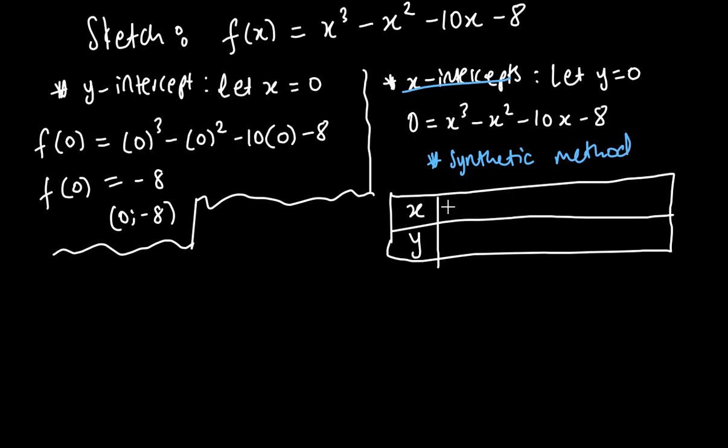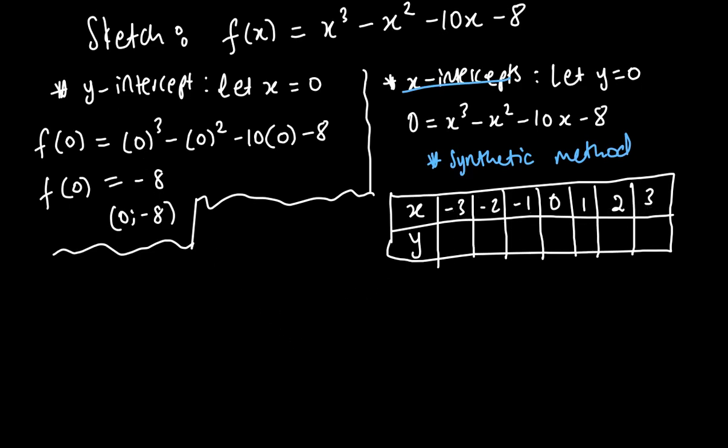Then I write -3, -2, -1, 0, 1, 2, and 3. This is the table that I make. I just said -3 to 3. I do that all the time. It's just a personal preference to start from -3 to 3.